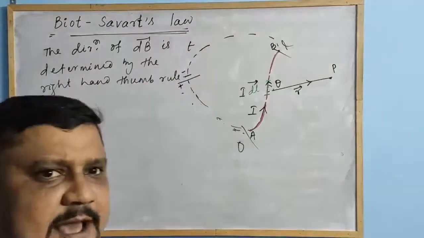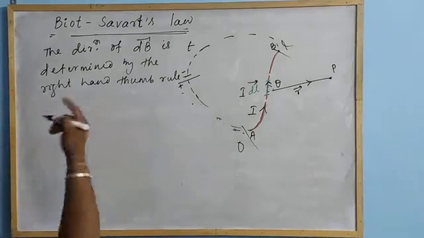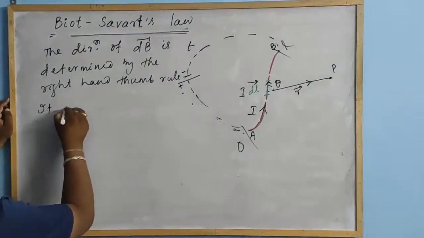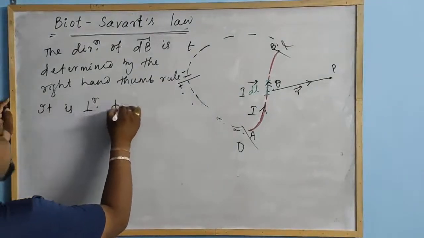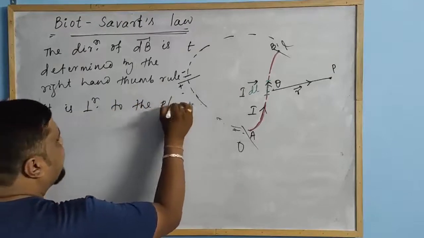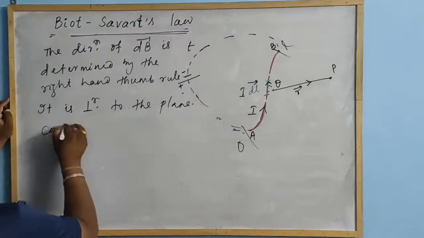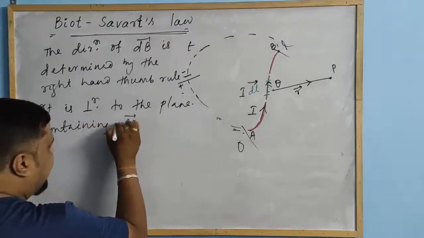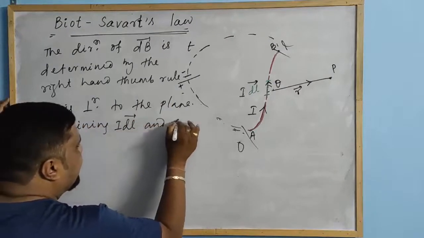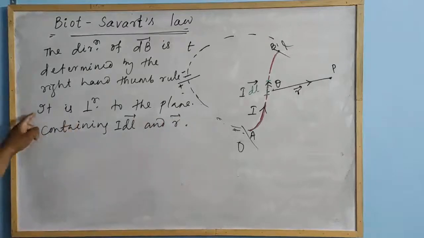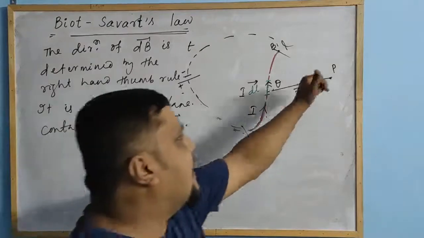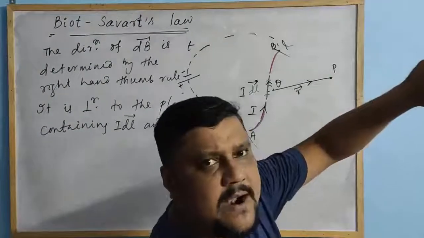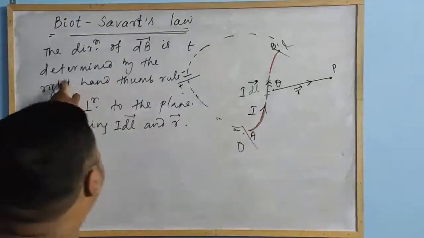Already you know about the cross product. Or you can write it is perpendicular to the plane containing I dl and r. It is perpendicular to the plane containing I dl and r. Whether it is inward or outward can be determined by the right hand thumb rule.